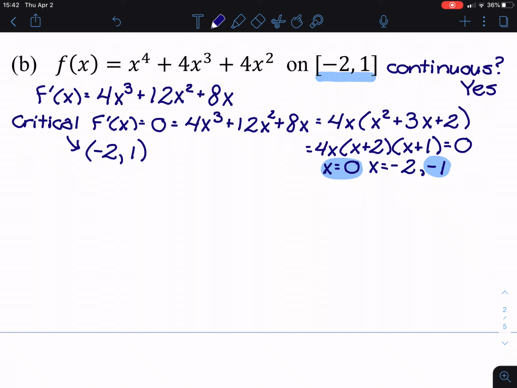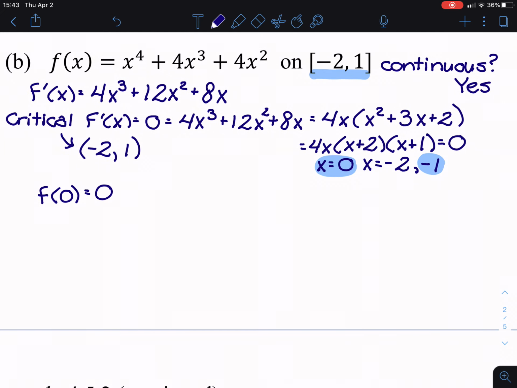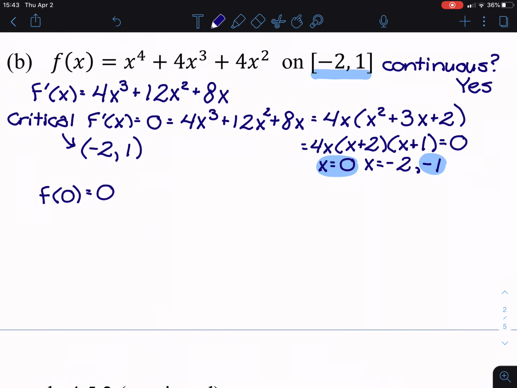All right, so we're going to go ahead and start evaluating our function at our different x values. So first, I'm going to evaluate my function at my first critical value, f of 0. And for a polynomial, when I put in 0, that's just going to be the constant term. And up here on f of x, there is no constant term, so this is equal to 0. Then I'm going to take a look at f of -1.